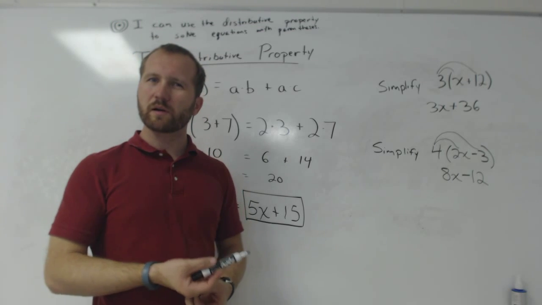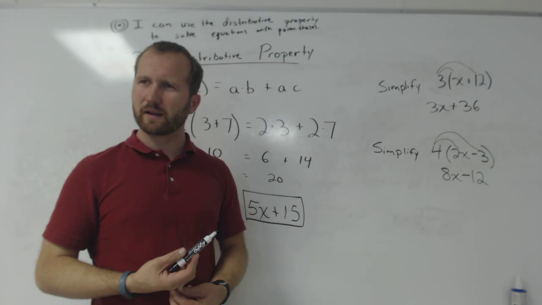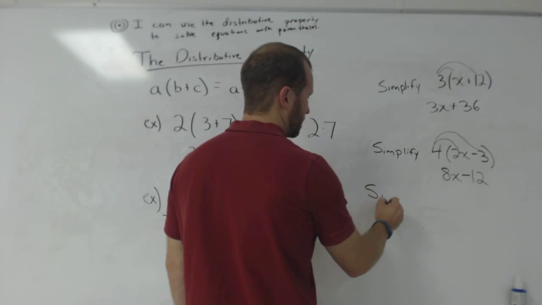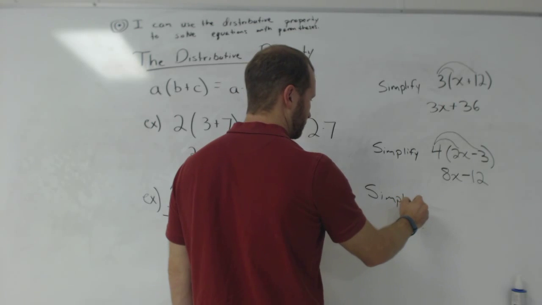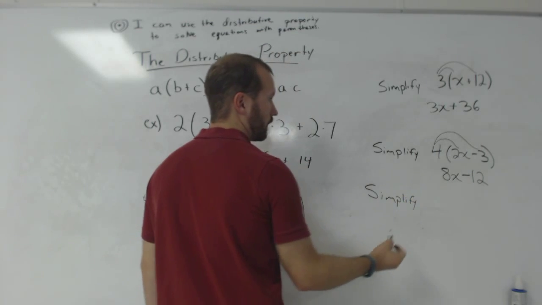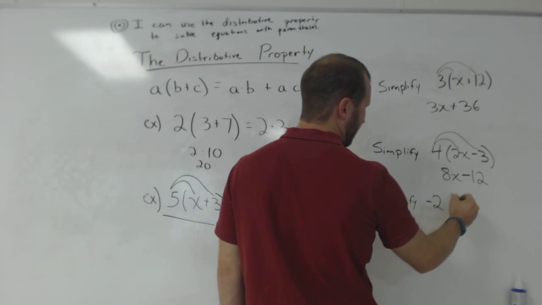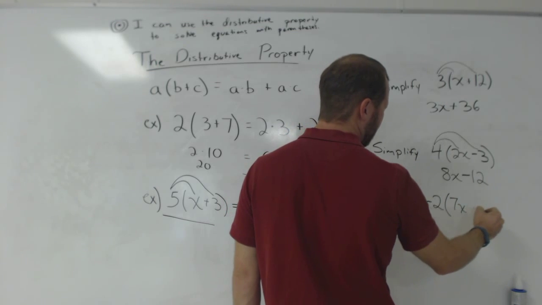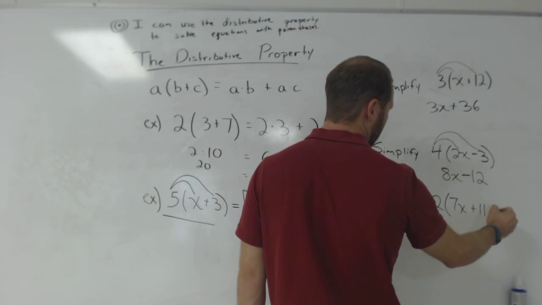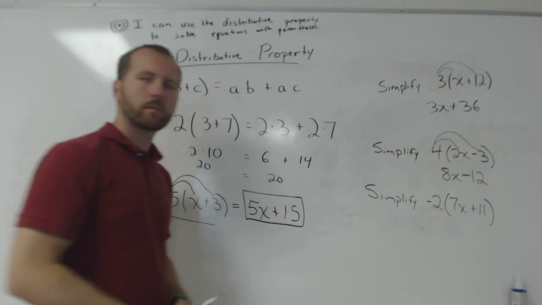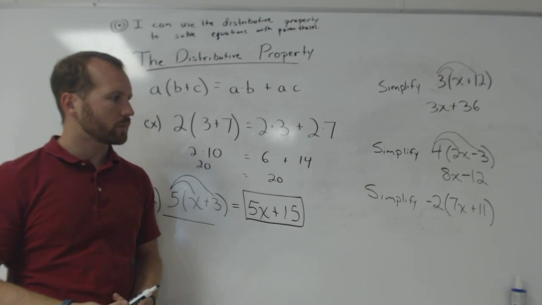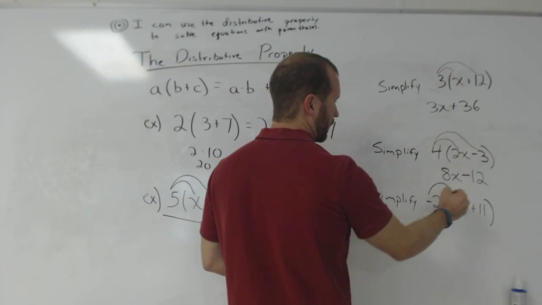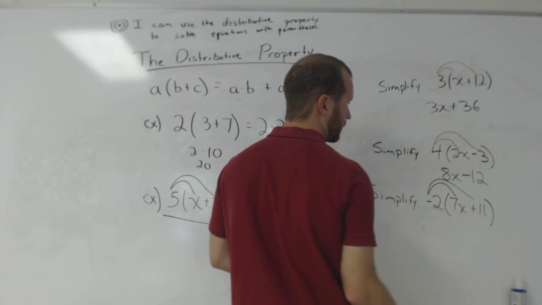What if the number in front of the parentheses had a negative? Let's see what happens. What if I said simplify negative 2 times (7x plus 11)? When I distribute, I'm going to take the whole negative 2.